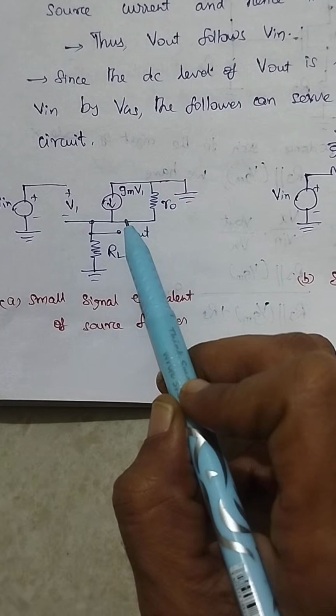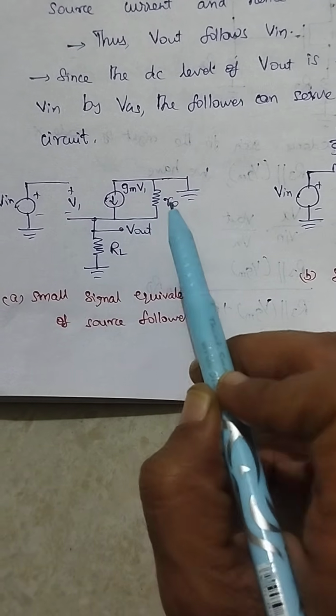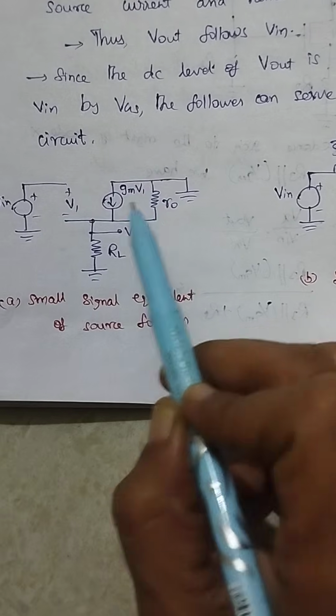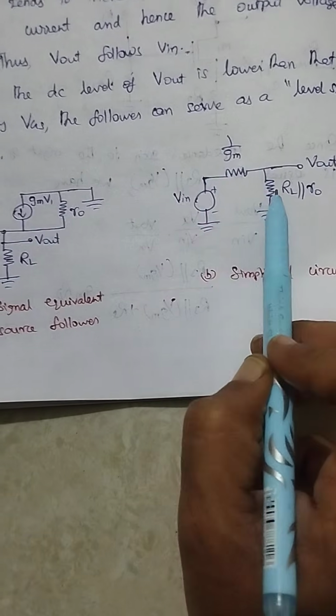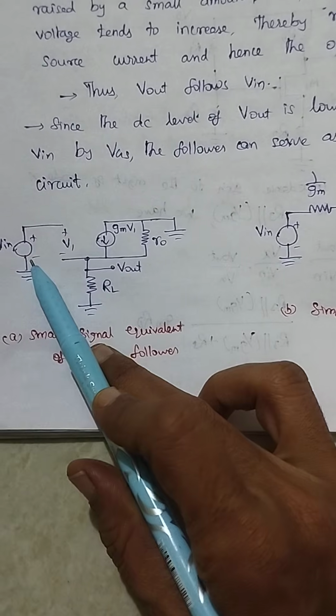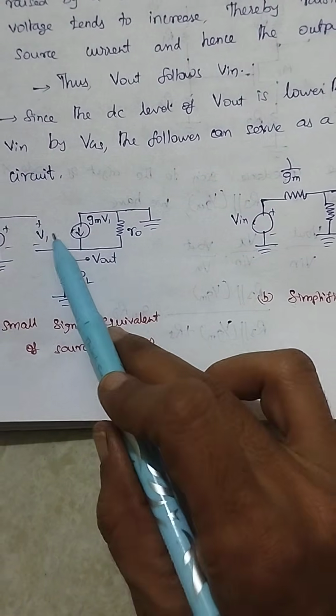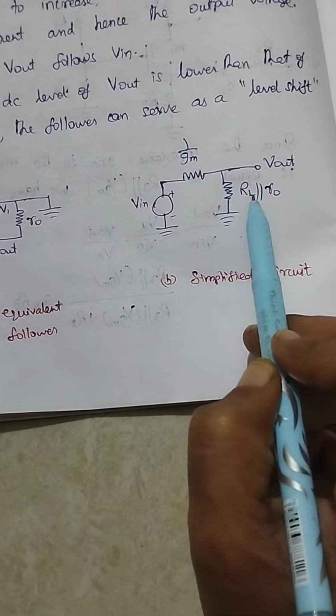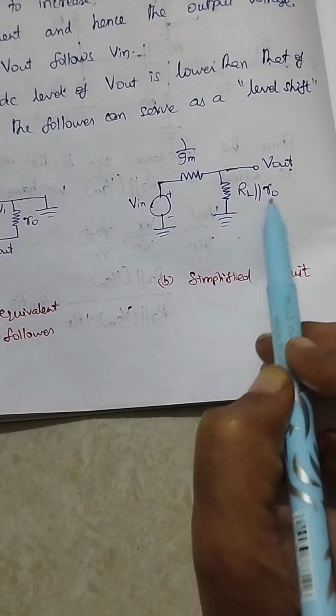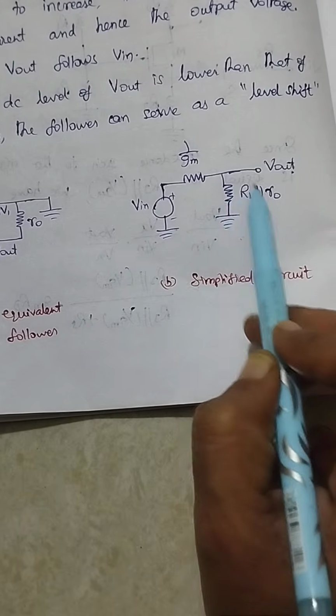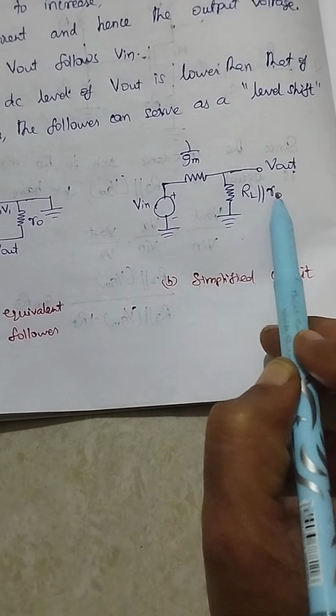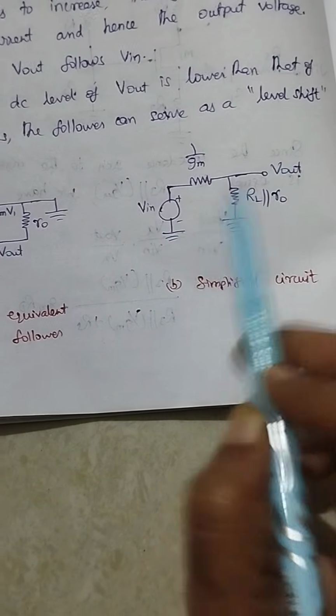We are also considering channel length modulation, so R0 is also included. This is the equivalent circuit. Here we are taking only resistances. We have the input voltage, the input resistance 1 by Gm, and the output resistance R0 and RL, both in parallel, so we write that as a single resistance, RL parallel R0, and Vout.